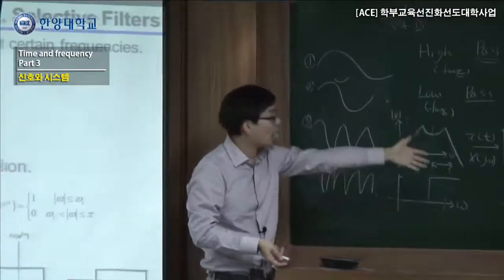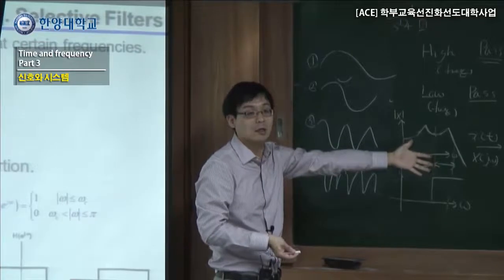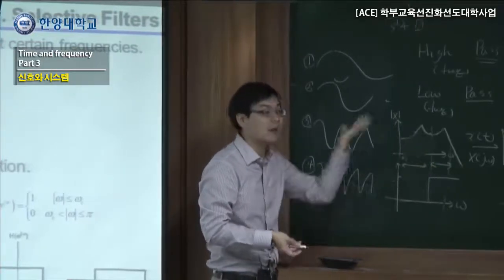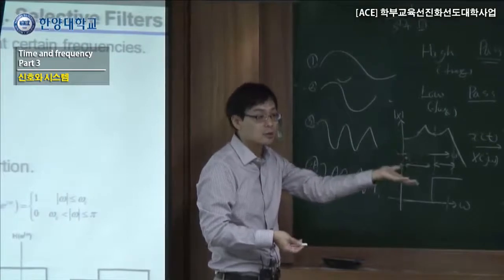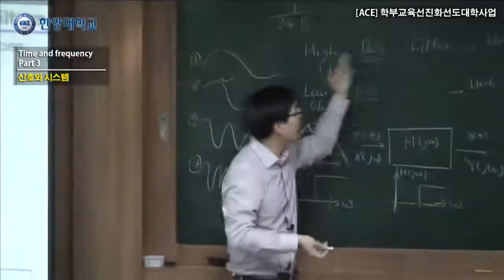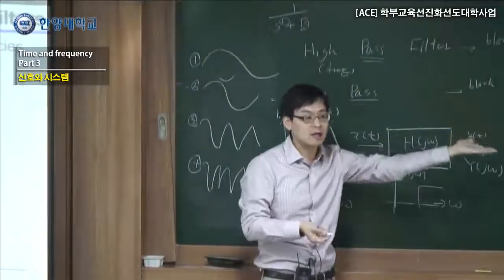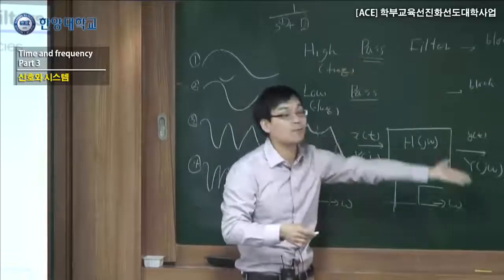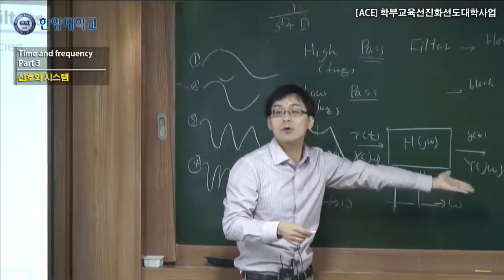So how will the output look? There will be only the fast moving component left at the output. So the relationship from here is that a high pass filter passes high frequency components. The meaning is they only pass, so high pass means in frequency domain, what we talk about in frequency domain.